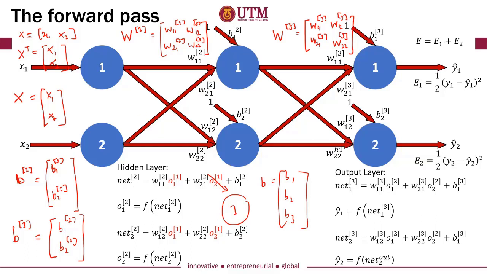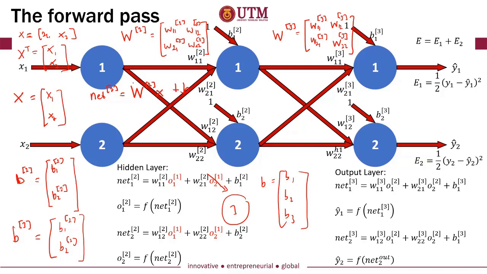So that means, for example, if we want to find net, let's say net 2 is equal to our W2 multiplied with our x plus b.